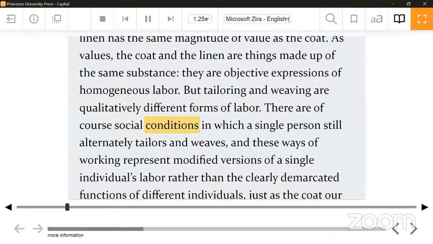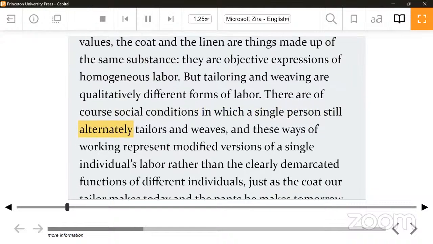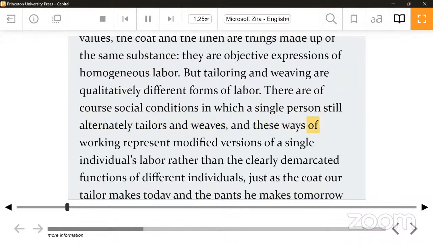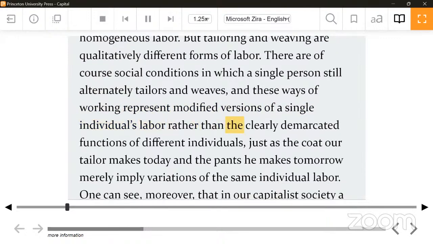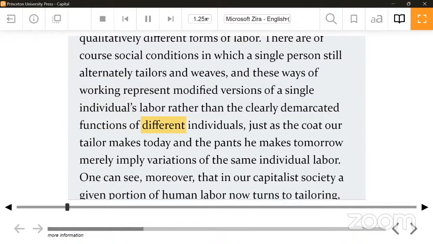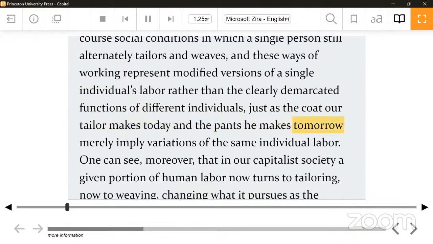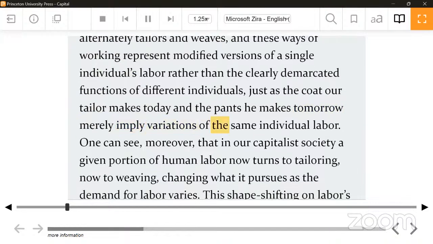There are of course social conditions in which a single person still alternately tailors and weaves, and these ways of working represent modified versions of a single individual's labor rather than the clearly demarcated functions of different individuals, just as the coat our tailor makes today and the pants he makes tomorrow merely imply variations of the same individual labor.